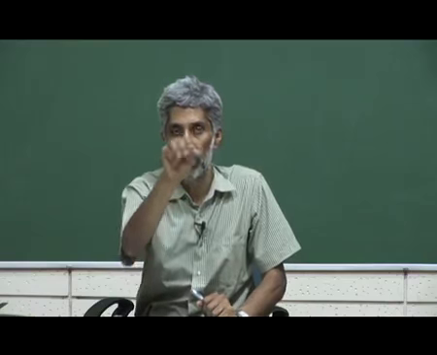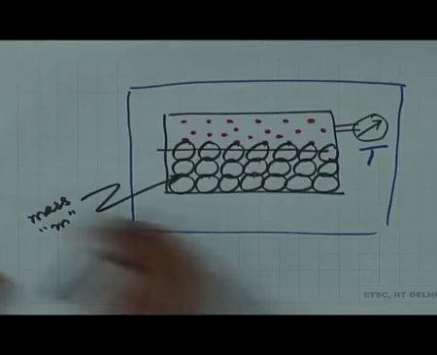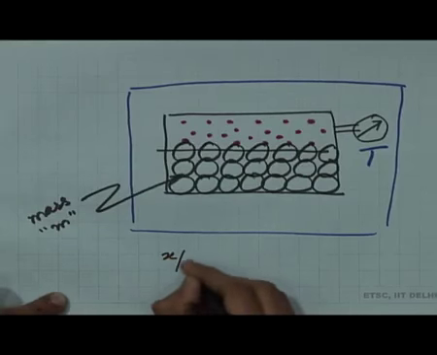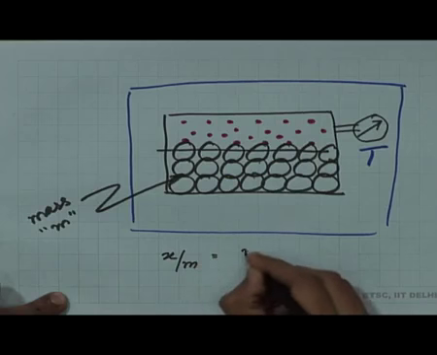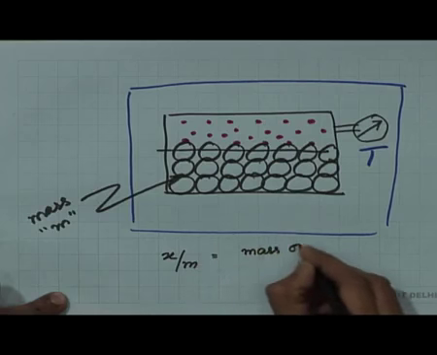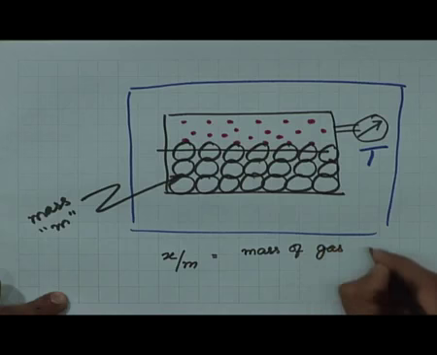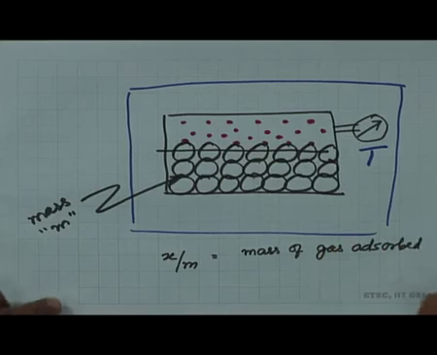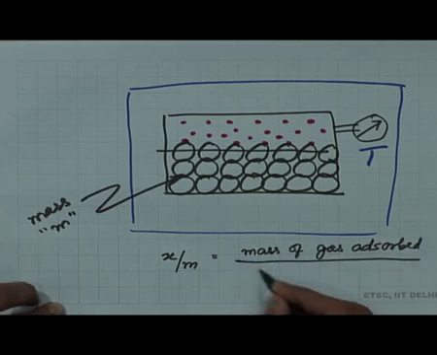And if I know the mass of the surface, that is the solid that I put in there, I then evaluate this quantity, x over m, which is the ratio of the mass of gas adsorbed over the mass of solid.